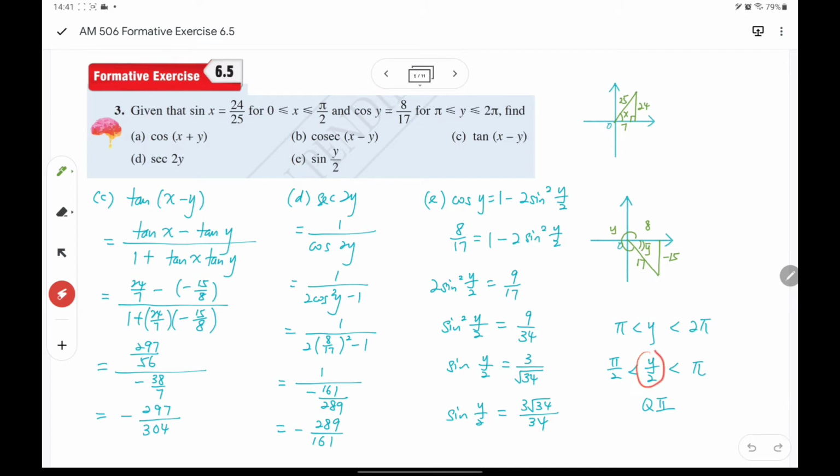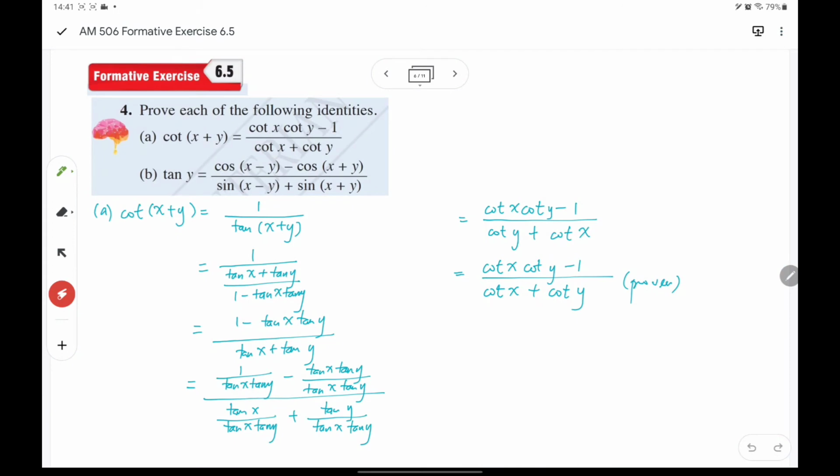So y over 2 is actually in between pi over 2 and pi, which is in the second quadrant. In the second quadrant, sine is positive. So we have positive 3 over the square root of 34. Rationalizing the denominator, we have 3 times the square root of 34 divided by 34.